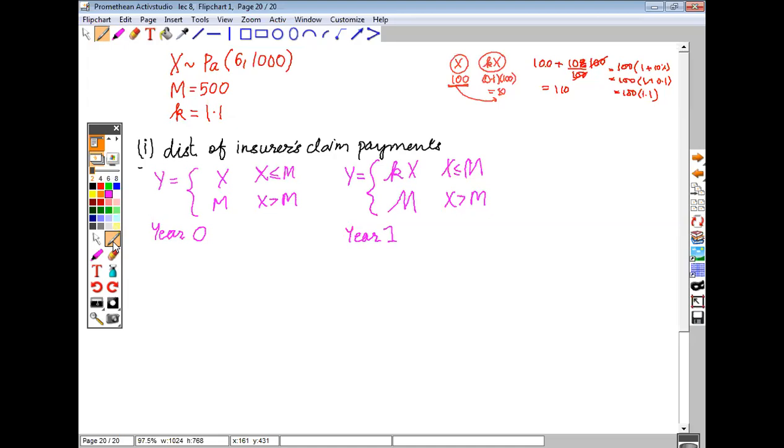And do we have to make use of MGF to find the distribution? Go on. How will you use the MGF? So, ma'am, for Y, M_Y(t) will be E raised to tY, and then Y will be split into X and M.